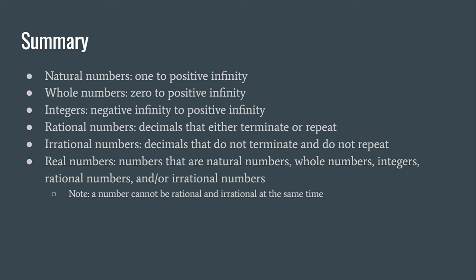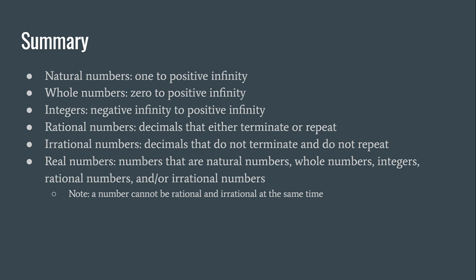Now, irrationals, again, you want to convert this to a decimal, and as a decimal, it doesn't terminate and it doesn't repeat. So it has to fulfill those two rules together at the same time. The example I gave earlier was pi, because there's no group of numbers that repeats. It just keeps going, doesn't end.